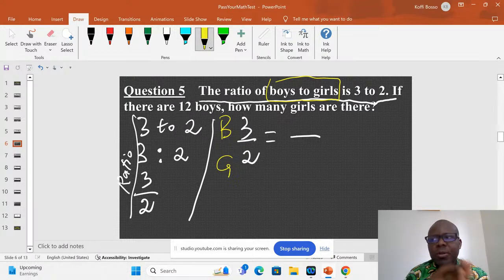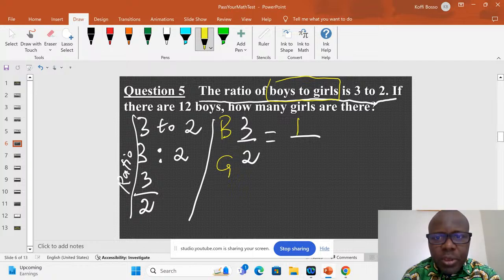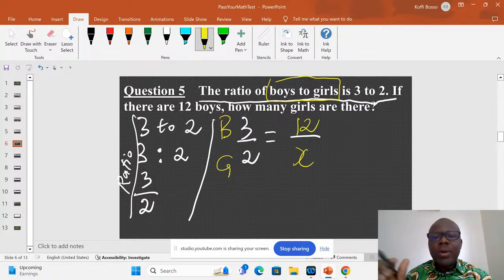You follow that order. Now understand this also. To write 12, you check that 12 is for boys, not for girls. And the boys, we put on top based on the first fraction here. So 12 will be on top here, and x will be for girls, which you don't know yet. So we want to figure out that x.